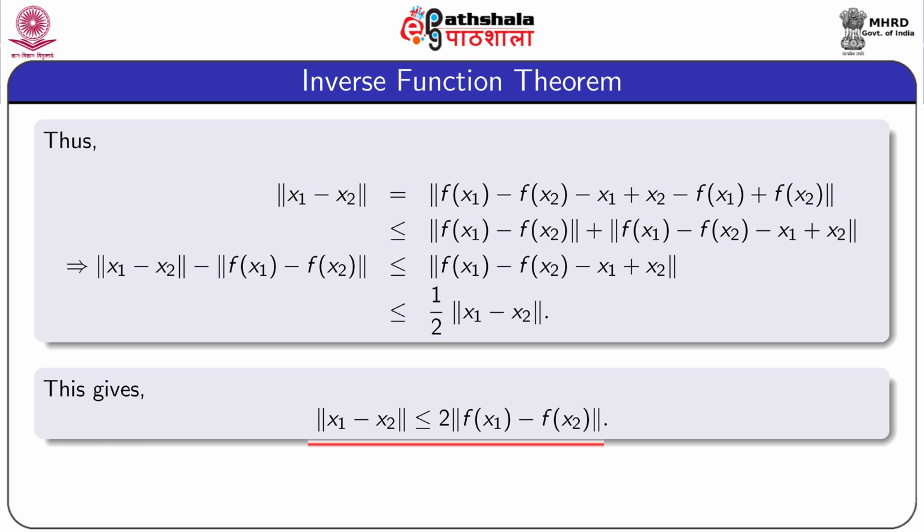This gives the norm of x1 minus x2 is less than or equal to twice the norm of f(x1) minus f(x2).